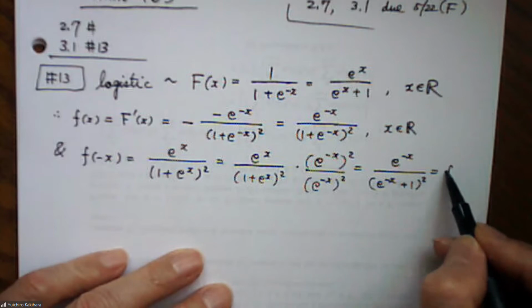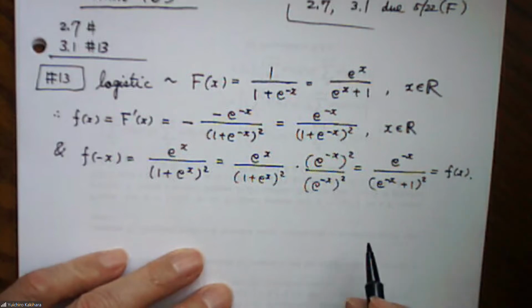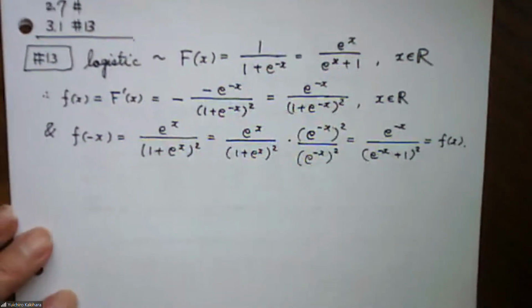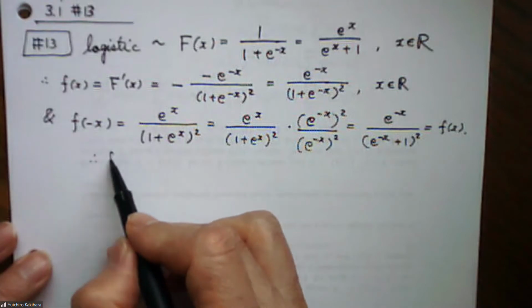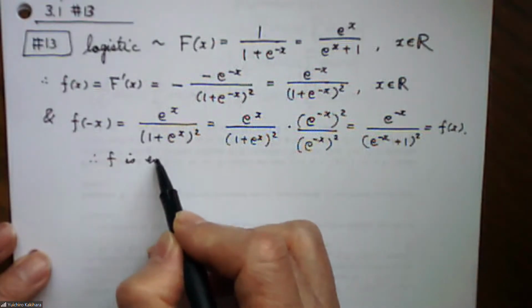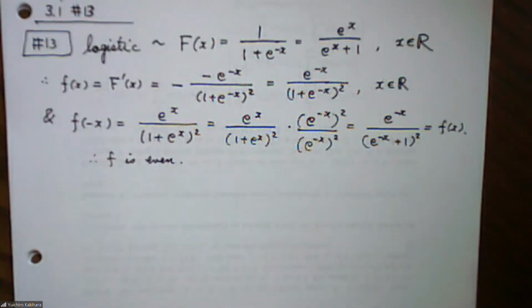This is equal to f of x itself. So this is an even function. So f is even, and the graph is symmetric about the y-axis.